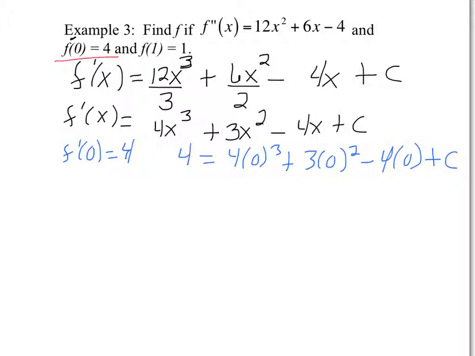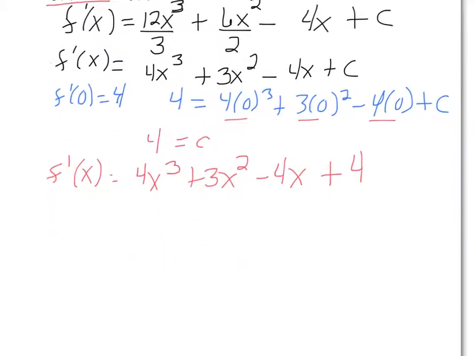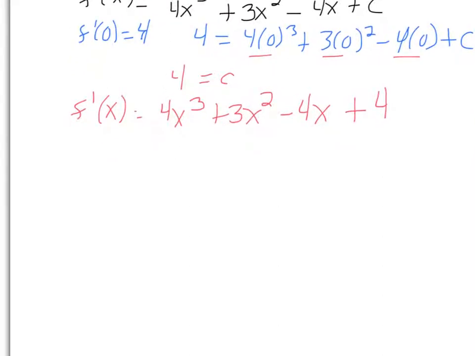And conveniently, every single one of these goes to 0, so c equals 4. So f prime of x equals 4x cubed plus 3x squared minus 4x plus 4. So that's f prime. But we're supposed to find f, not f prime.